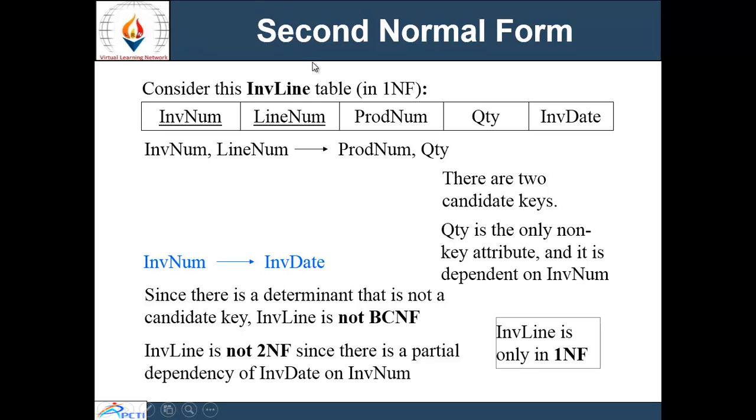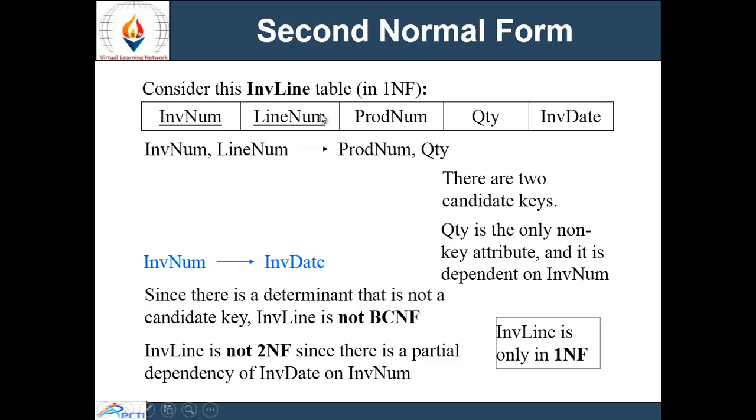There is a table with invoice number, line number, product number, quantity and invoice date. Product number and quantity are dependent on invoice number and line number, but invoice date is dependent on the invoice number only.